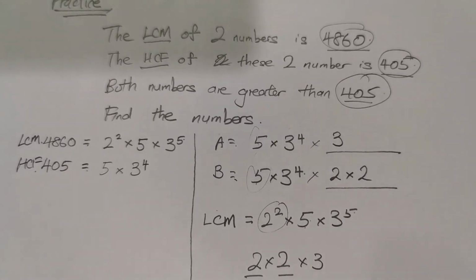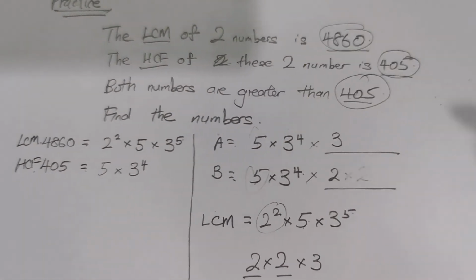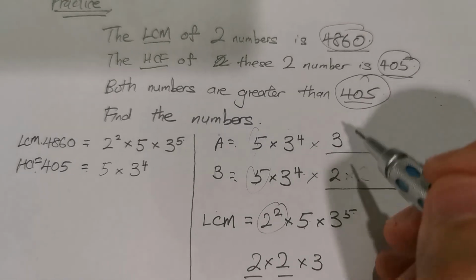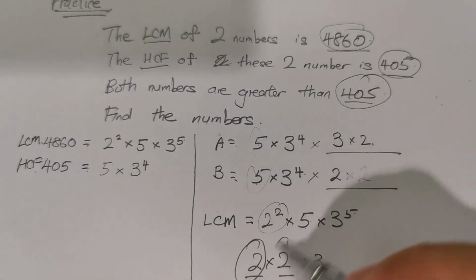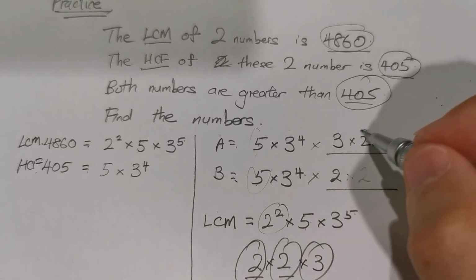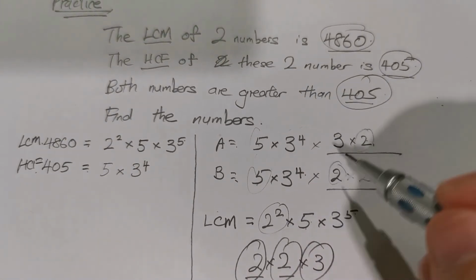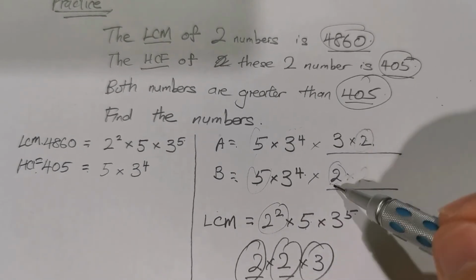Now, someone was asking me, why can't we put a 2 here? You said that we need to compensate a 2, 2 and 3, right? Why can't I put a 2 here? Now, if you put a 2 here, that means this is common. The HCF will be 5, 3 to the power of 4, and a 2.